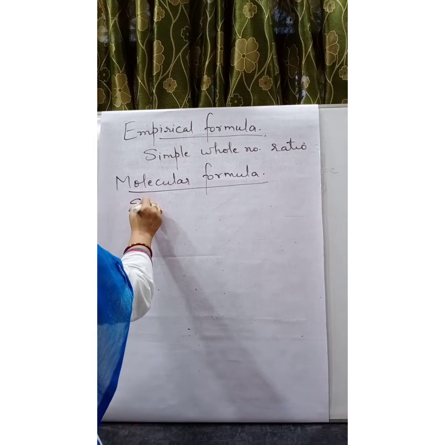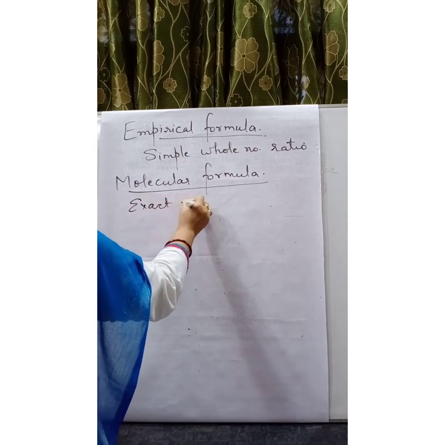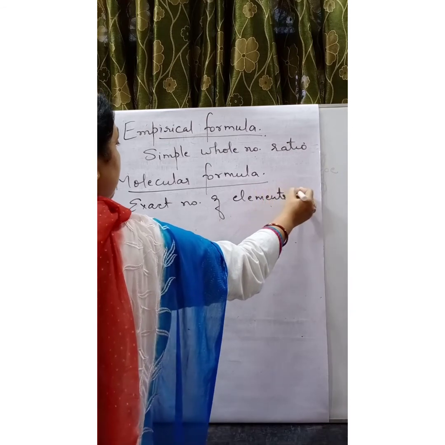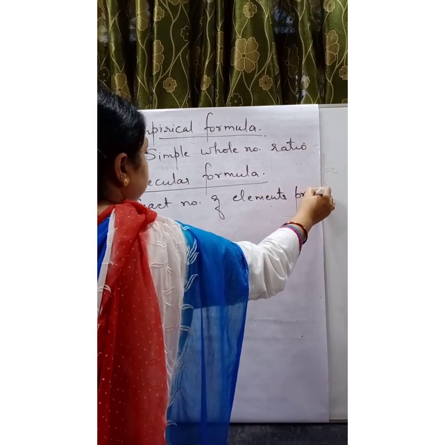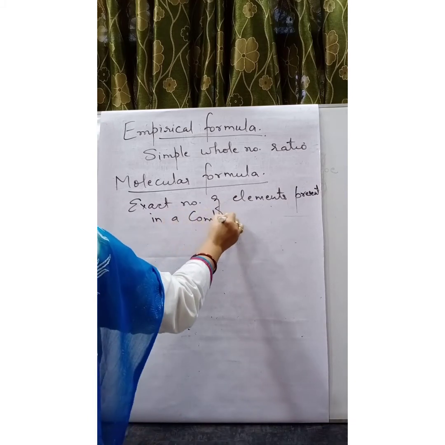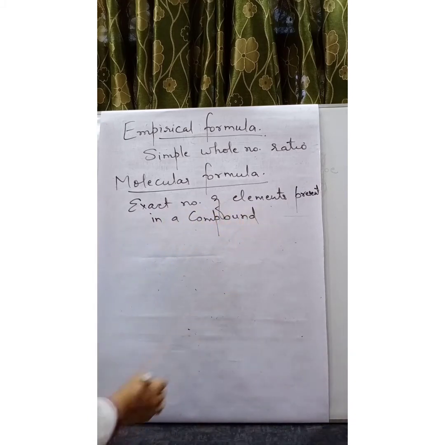So, the exact number of elements present in a compound can be known by the molecular formula.